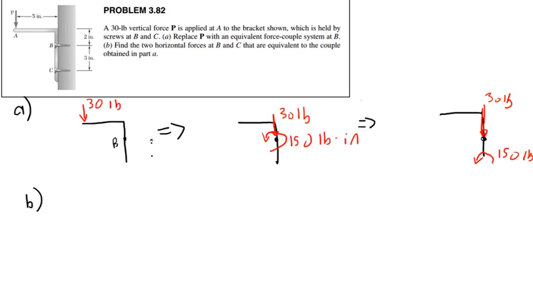Now part B: find the two horizontal forces at B and C that are equivalent to the couple obtained in part A. Well, we need a positive 150-pound-inch couple.